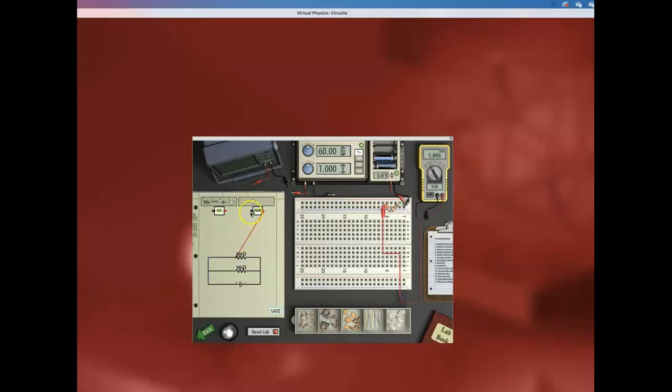This is a plus, this is a minus to measure this. I want to find first the voltage across the 180, which is here, and then I will have the voltage across here. All right, and by this I have done all my measurements.